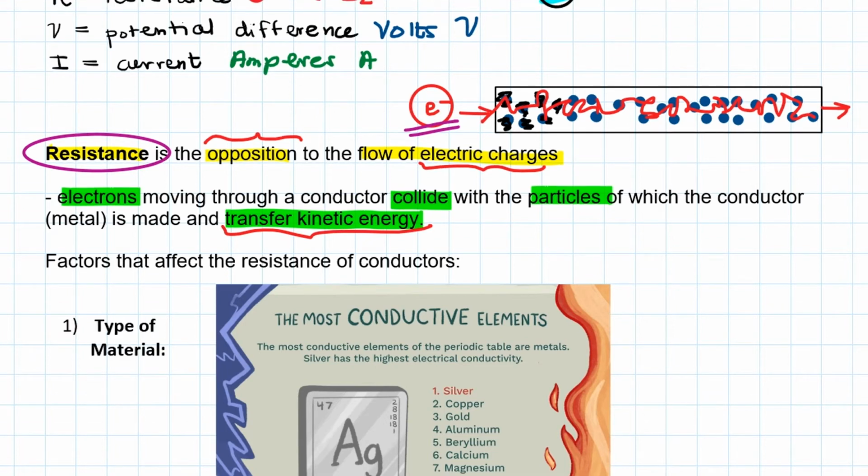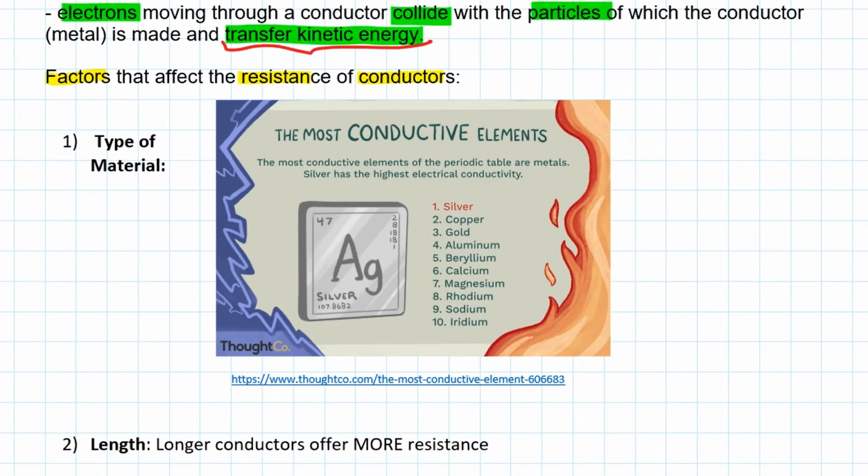Now, there are a few factors that affect the resistance of conductors, and you need to be familiar with these factors. Number one, we have the type of material that the conductor is made of. Different conductors are made up of different materials, and their resistance is actually influenced by what these conductors are made of.